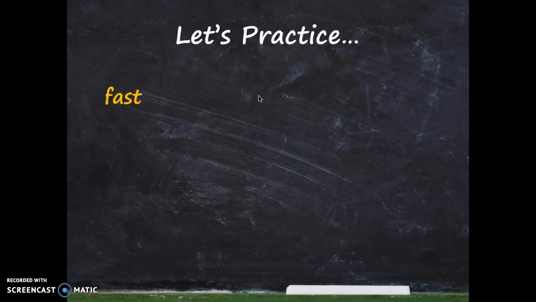Let's practice using the word fast. Point at each letter and let's sound it out. Point to the letter F. What sound does that make? Correct. If you said f, you were right. We know a short A makes the A sound.